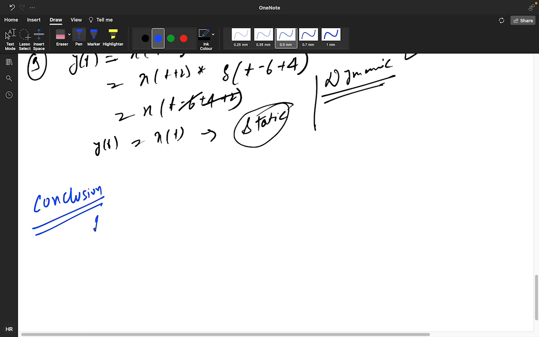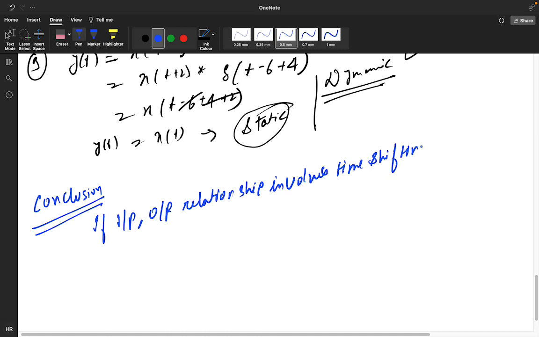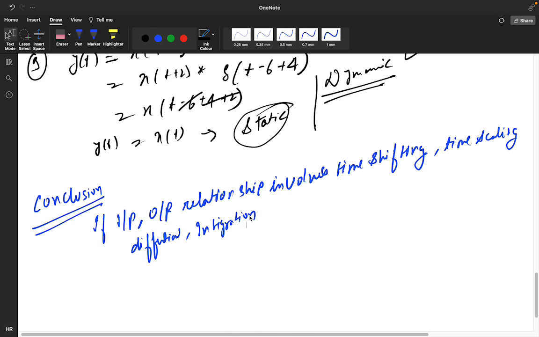If the input-output relationship involves time shifting, time scaling, differentiation, or integration, the system will be dynamic only.